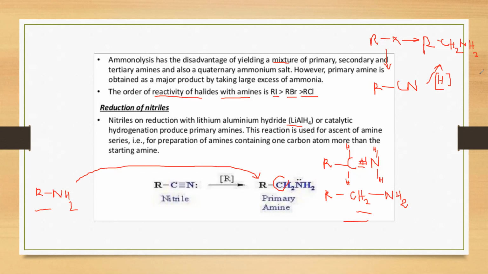So if we want primary amine as the major product, we have to use excess ammonia. And after that, we saw the reduction of nitrile, CN to CH2NH2, using lithium aluminium hydride or catalytic hydrogenation. So we discussed 3 methods of preparation today.